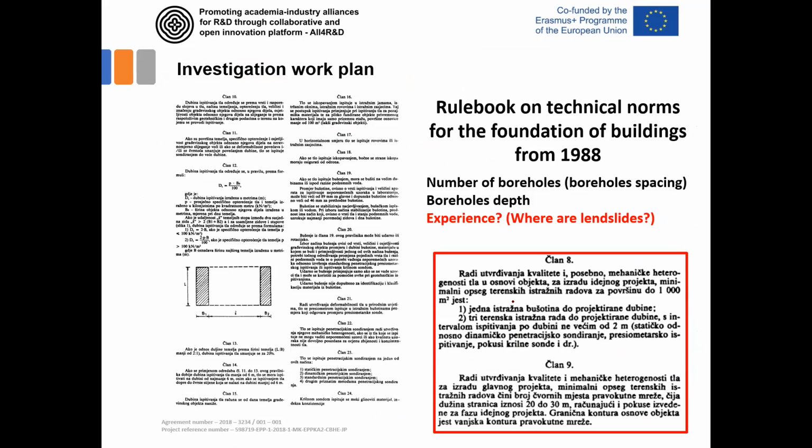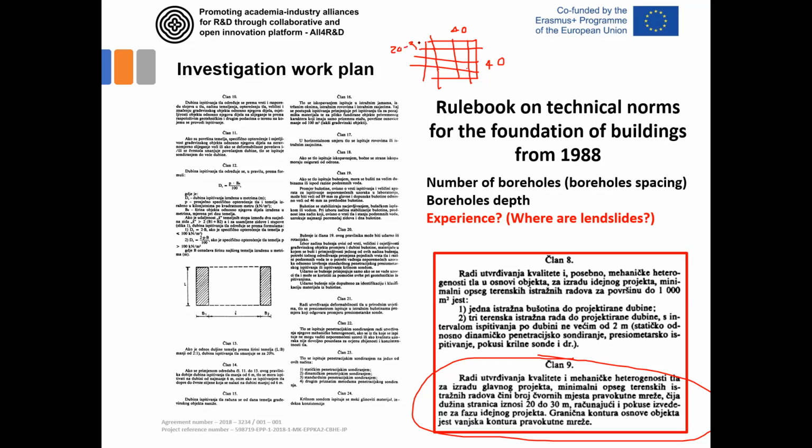And you also have the other part of the rule book saying what should be the spacing between the boreholes if you are constructing a large foundation. For example, you have a foundation that is 40 by 40. Then it says you must have at least 4 or 5 boreholes so that the grid formed by those boreholes should be 20 to 30 meters.